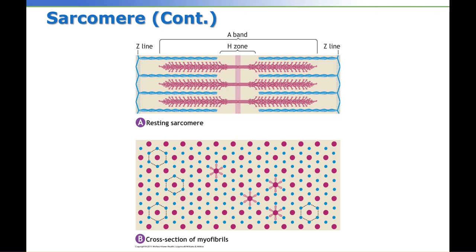Okay, and this is like the I band here. These are when they're outside of each other. So this right here would be a slice of the Z line. If I took a slice right here, that would be this right here.